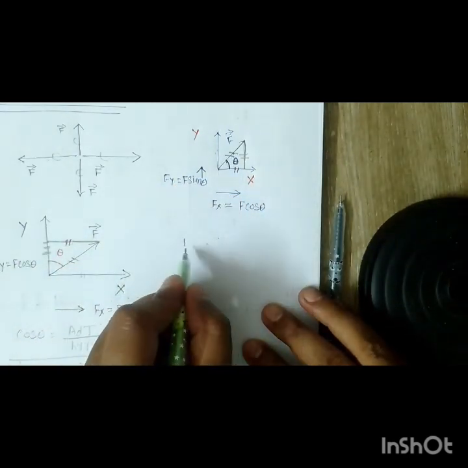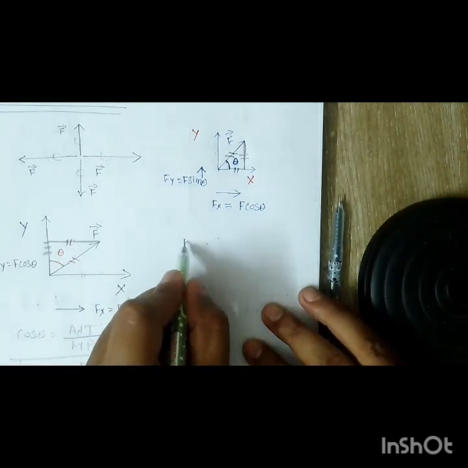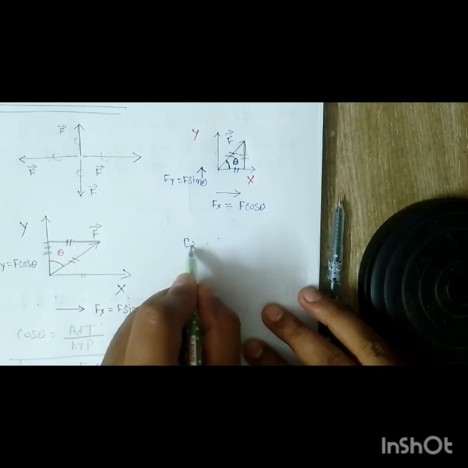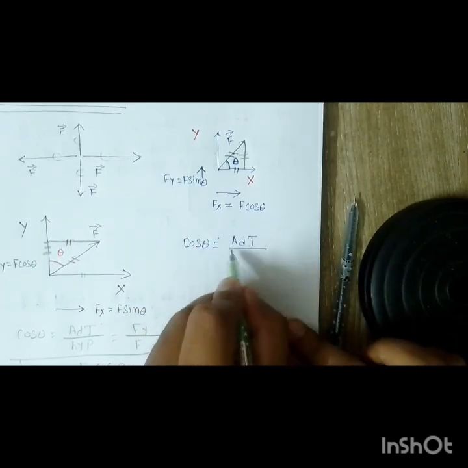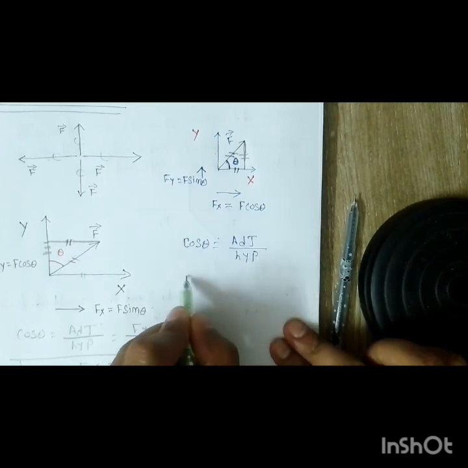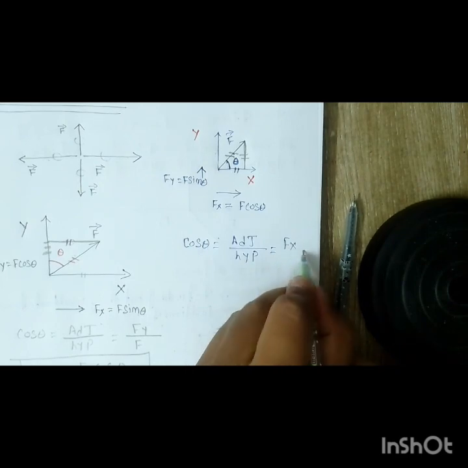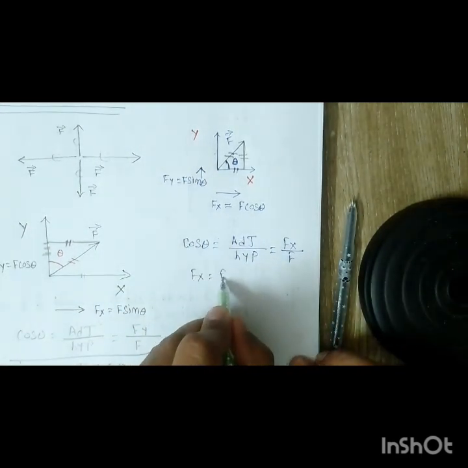So adjacent and hypotenuse is cos theta. So cos theta is equal to adjacent by hypotenuse. Adjacent is fx in this case, and this is f. Cross multiply, you will get fx is equal to f cos theta.